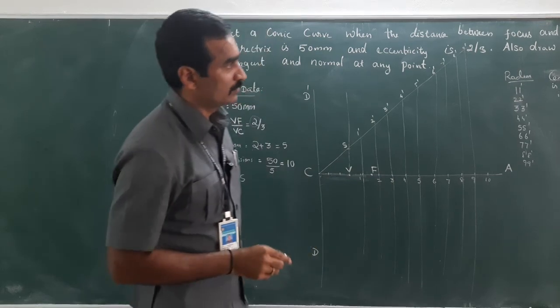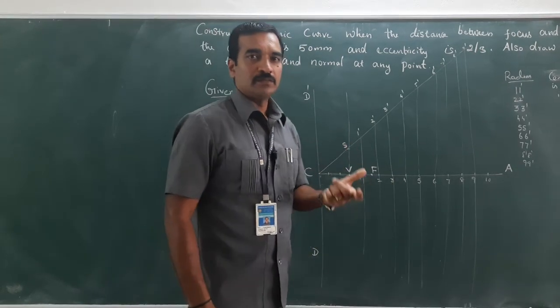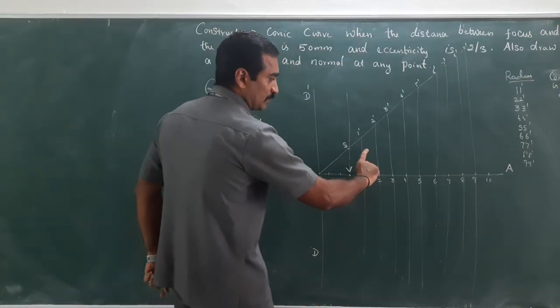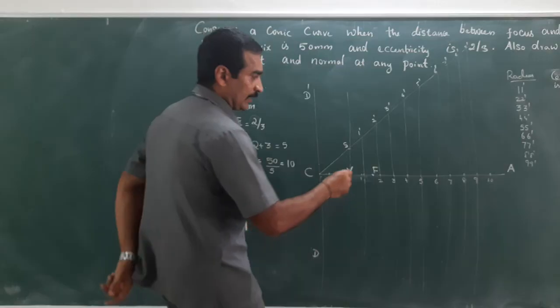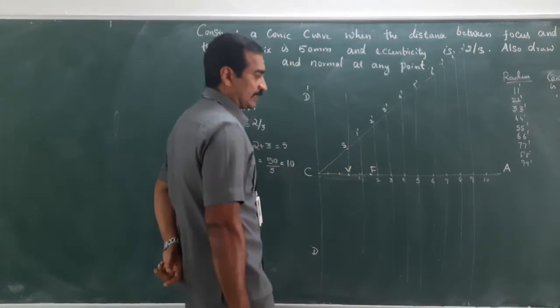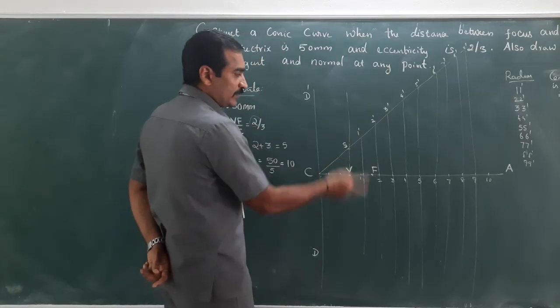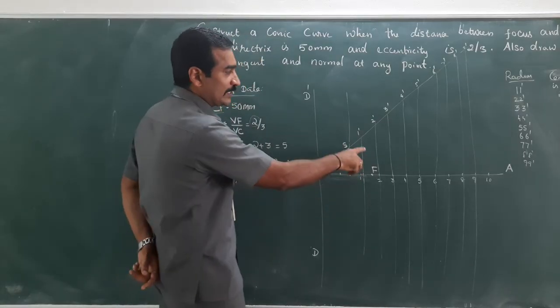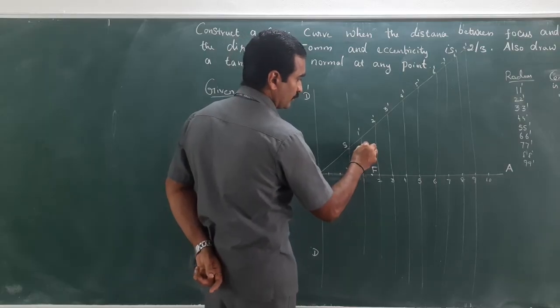Center is fixed, that is nothing but F. F is constant. Right. Now, using the compass, let me measure the distance 1, 1 dash and, keeping F as center, cut an arc on either side of the axis to intersect the corresponding line 1, 1 dash.